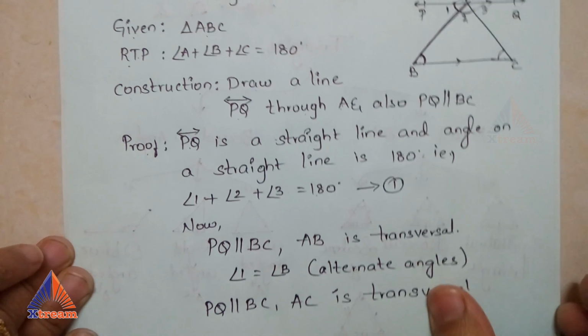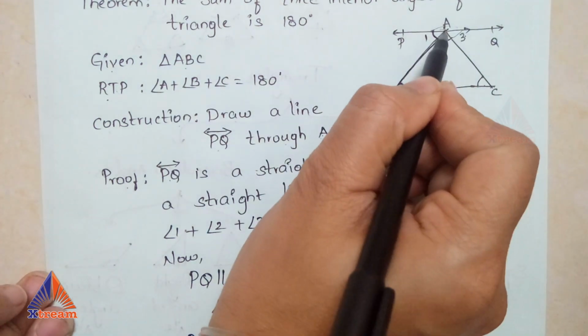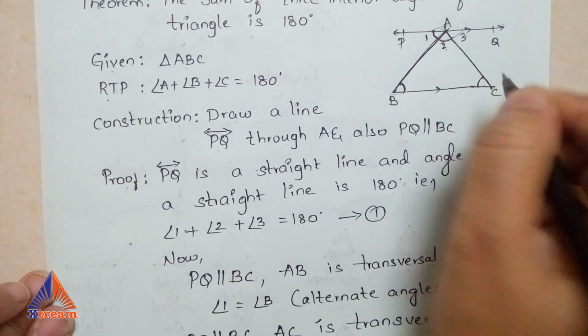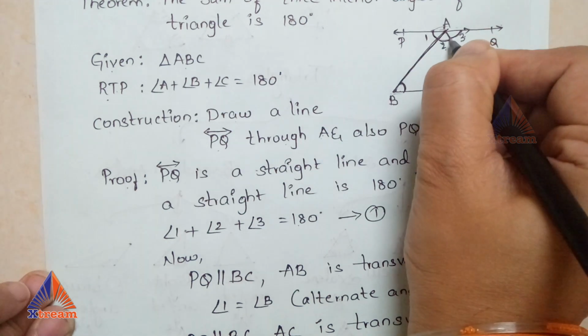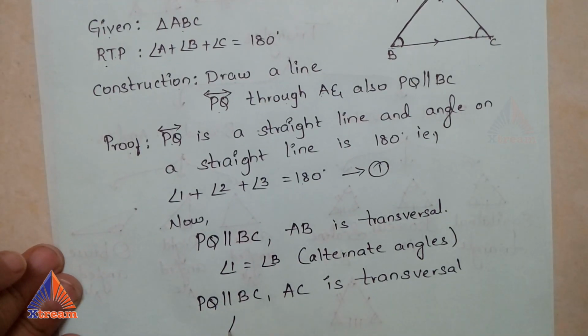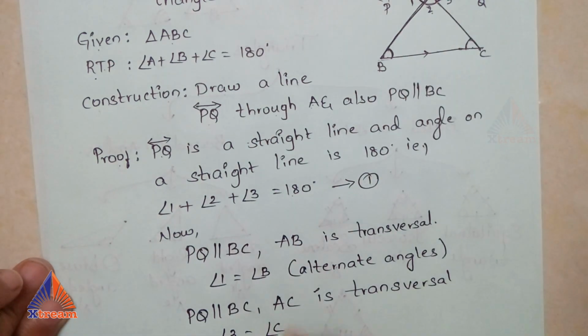What happens if I take AC as the transversal? Angle C and angle 3 will be alternate angles, which means they are both equal. So I can write angle 3 is equal to angle C. And anyway, angle 2 is nothing but angle A, right?